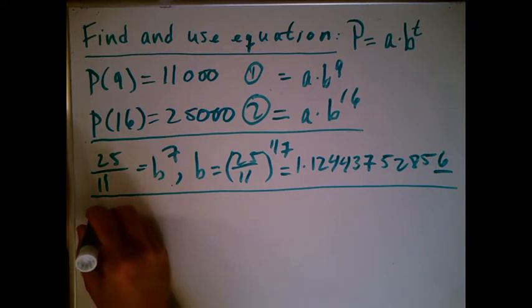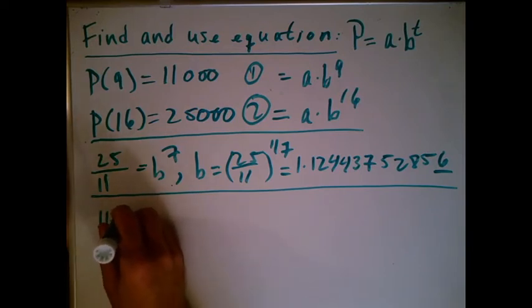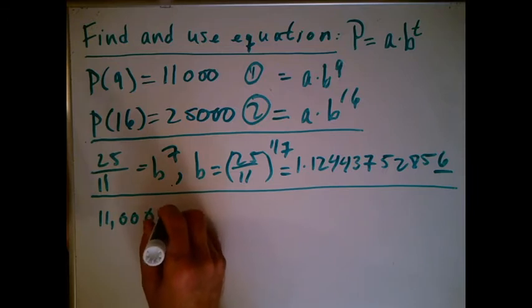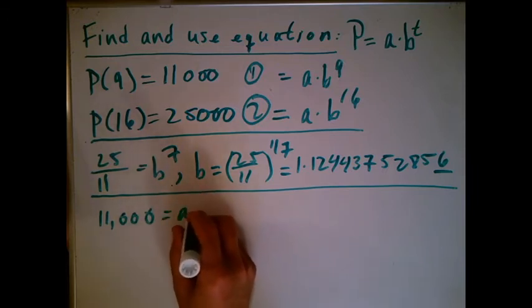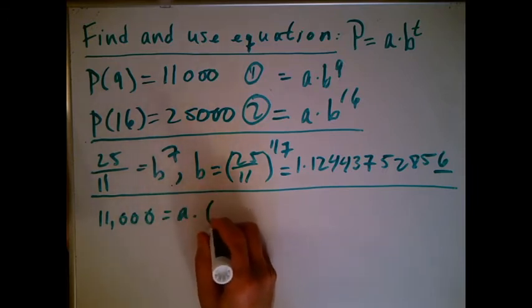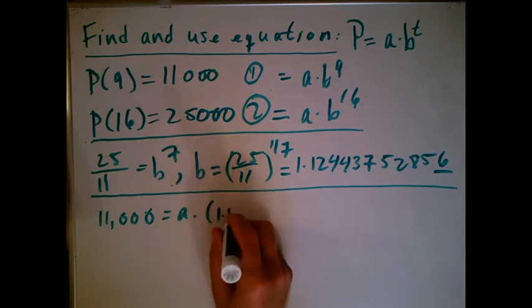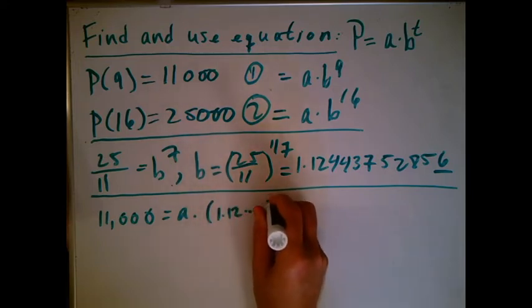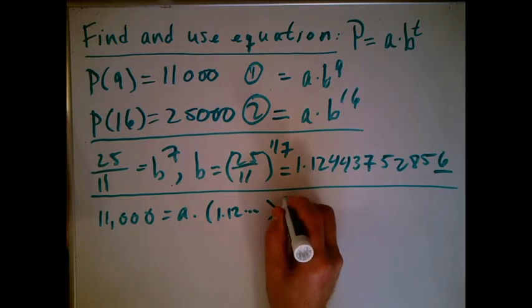I'm going to get 11,000 equals the A I want times this mess, 1.12, yada, yada, yada, because I am going to put this into my calculator, to the 9th, like this.